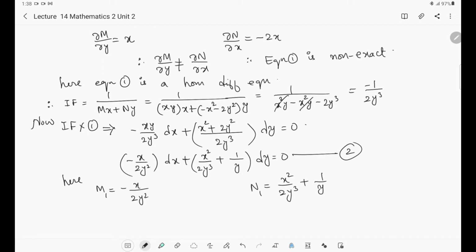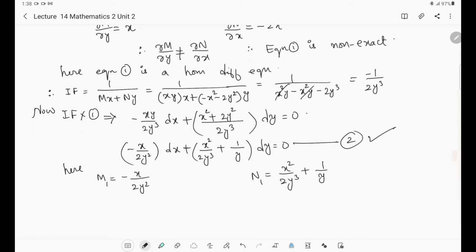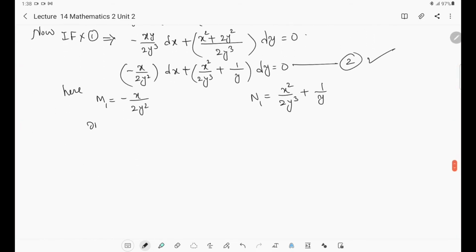Now we have to find dou m1 by dou y and dou n1 by dou x. If they are equal, then this equation is said to be an exact differential equation and we can find the general solution, right? So let us find dou m1 by dou y. Minus x by 2 will be constant. Only we have to differentiate 1 by y square.